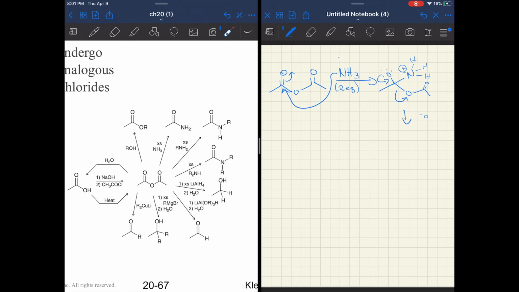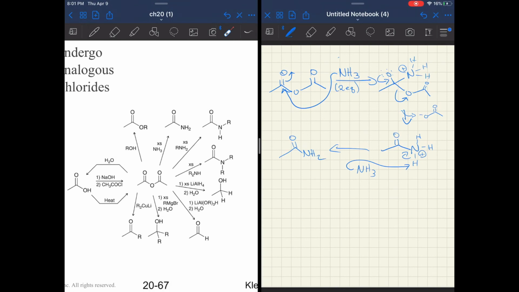This leaving group is resonance stabilized, so it pieces out. We are now left with a protonated amide. You have 2 equivalents of that amine, or ammonia in this case, for this purpose, to deprotonate. And you make your amide.